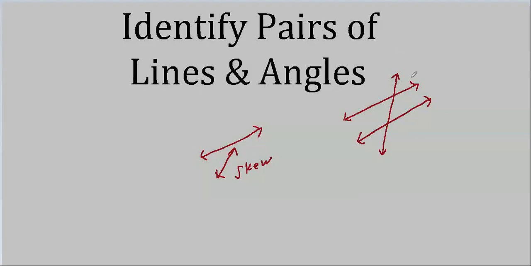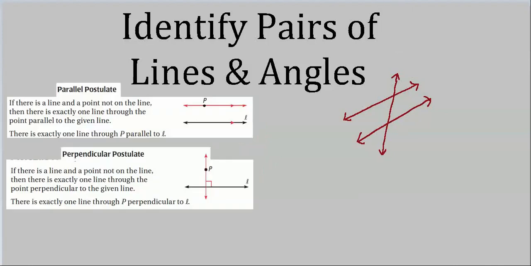But first, a couple of postulates that we'll be using later on to prove things. That's what postulates are for. Now here's an important one. In fact, it might be the most well-known postulate on the planet. It's called the parallel postulate.